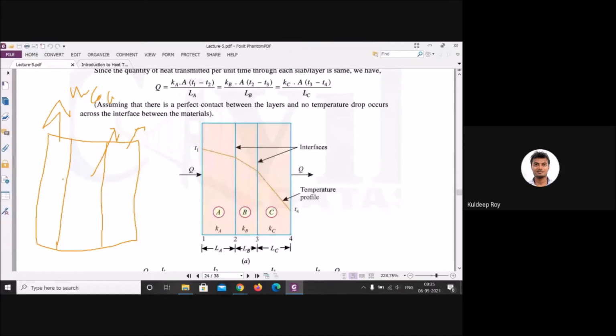If the temperature is very high at this particular point and very low at T2, then the thermal conductivity of the material will decide how the curve will look.